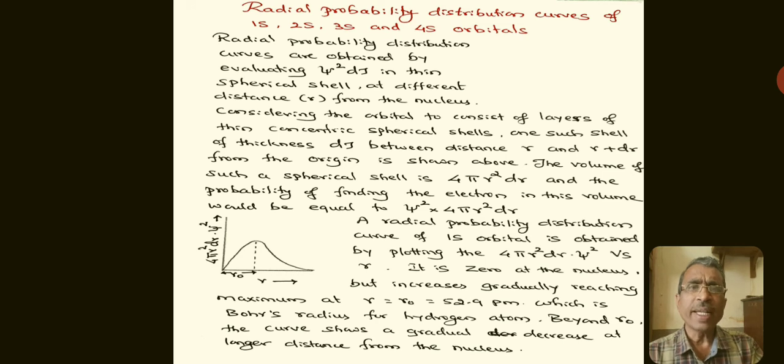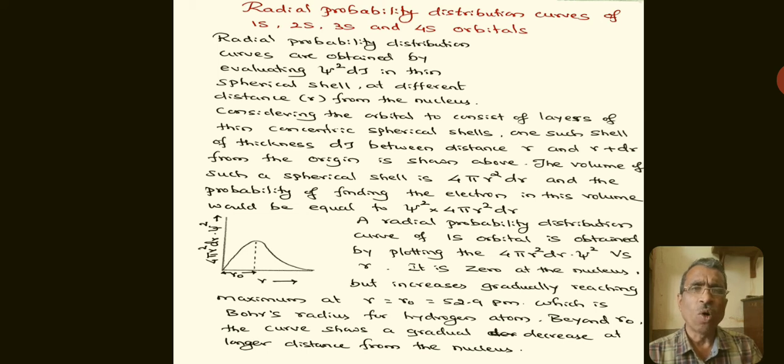Radial probability distribution curves are obtained by evaluating chi-square d tau in thin spherical shells at different distances from the nucleus. Consider the orbital to consist of layers of thin concentric spherical shells.